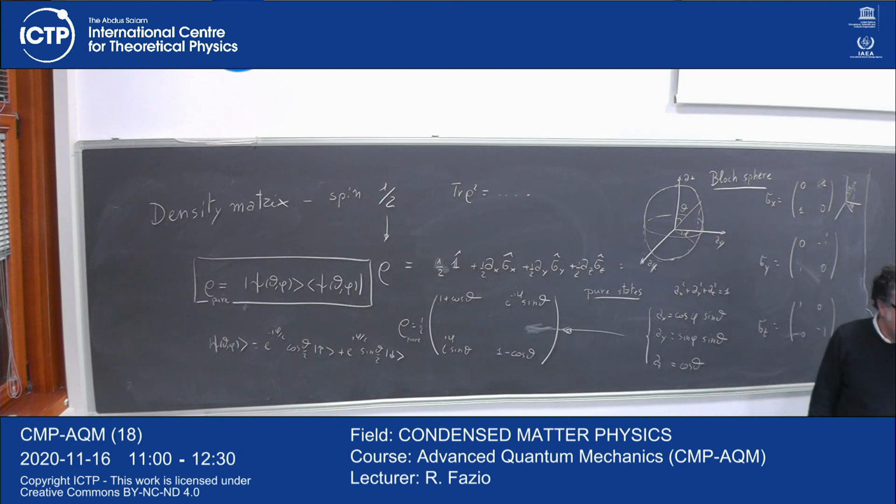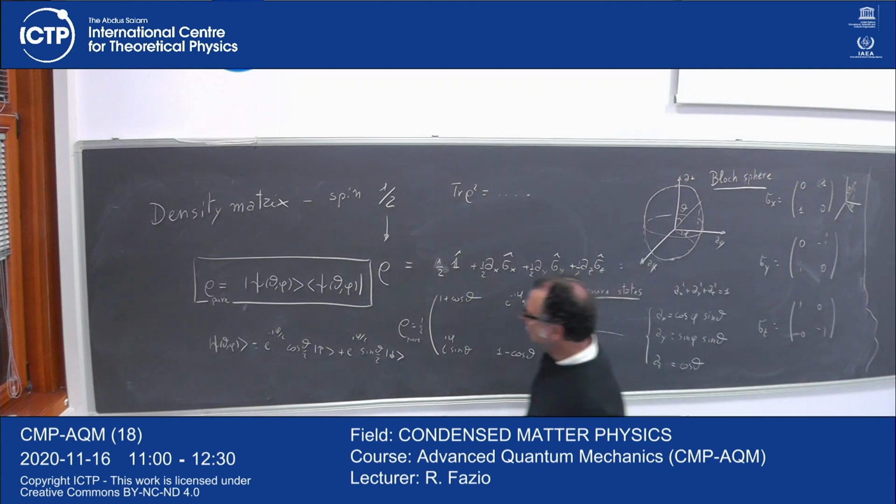Because r is constant. So it's like taking the polar coordinates only for r equal 1.